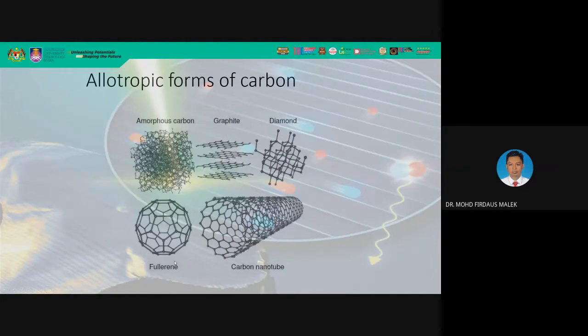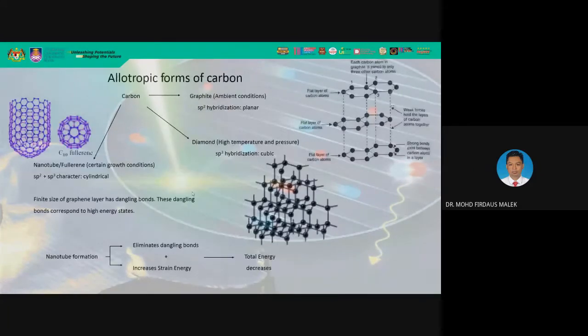The difference is their arrangement of atoms in a crystalline solid, or in the occurrence of molecules that contain different numbers of atoms. So that is the difference. Now, this one is clearer, allotropic forms of carbon.